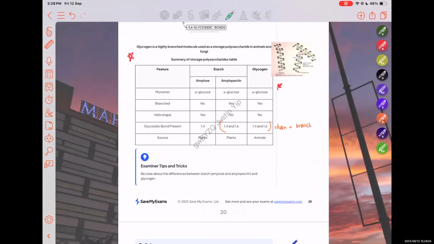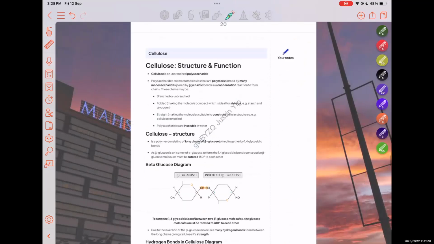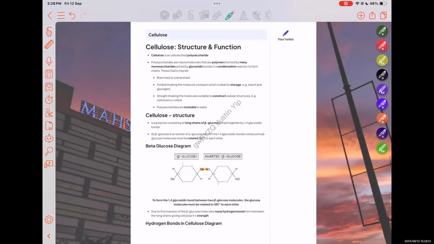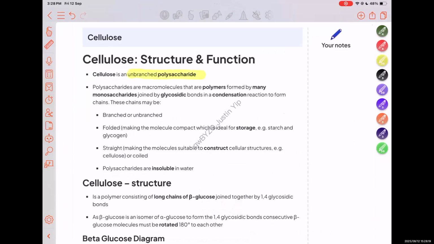Then after that, let us look at cellulose, a new thing here, which is the last polysaccharide we will be entering. Cellulose is called an unbranched polysaccharide.